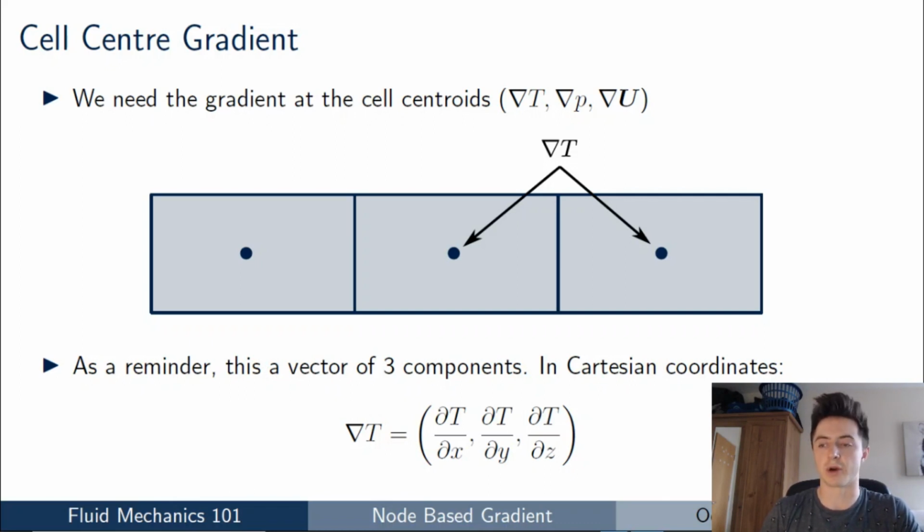In equation 1, the temperature gradient of course has three components, and in Cartesian coordinates, which the majority of CFD codes use, that will be the temperature gradient in the x, y and z directions. So we've gone from a scalar field to a vector field, and we need three components there. Now, how are we going to go about calculating the gradient of these fields at the cell centroids?